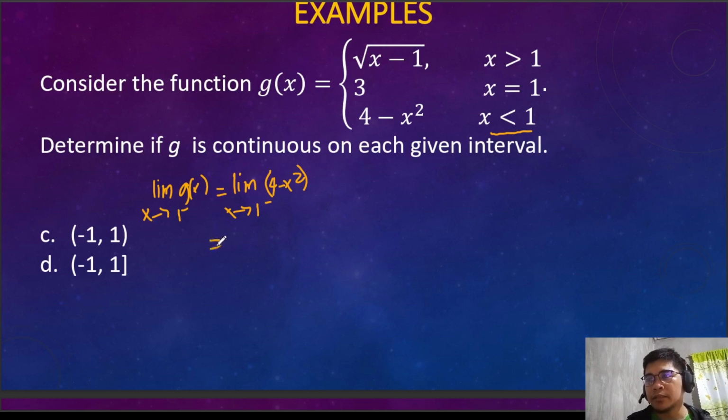Then the limit is 4 minus 1. We get 3. So that is x less than 1. So next, our g of a.